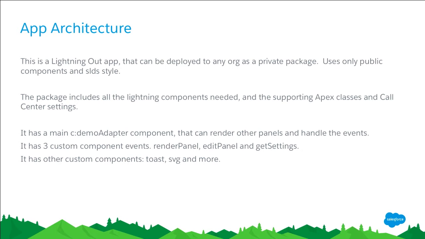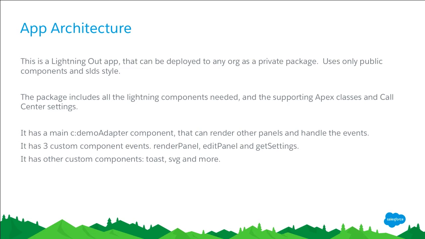All right, so the app architecture. I don't know if a lot of you are familiar with the term Lightning Out. How many of you ever heard about that? Lightning Out is a very odd beast. It's like Lightning, but it's a little bit more.